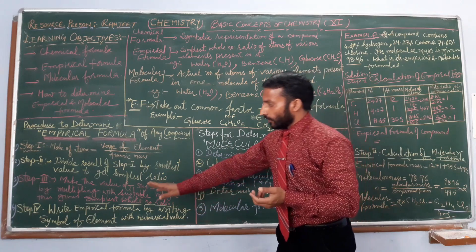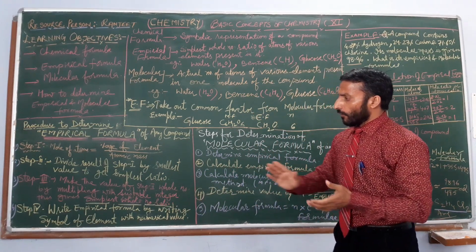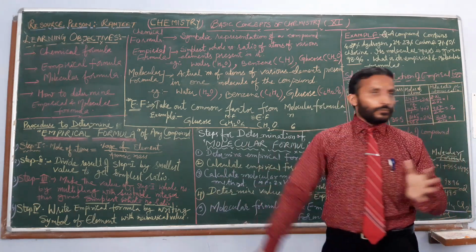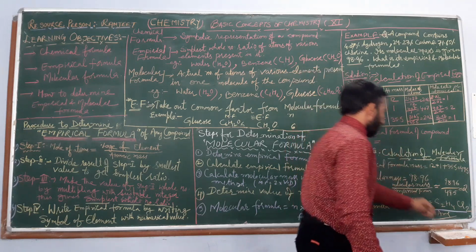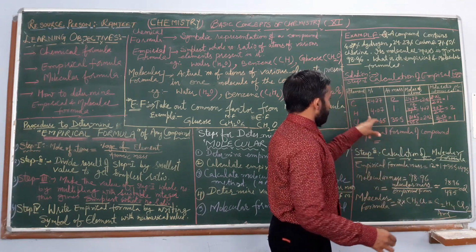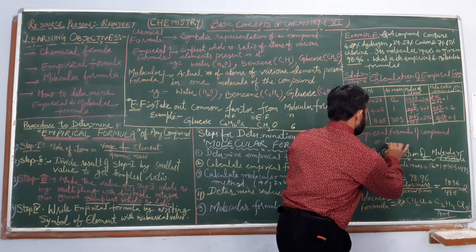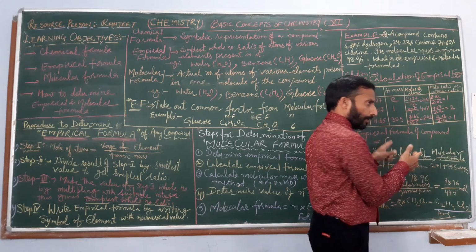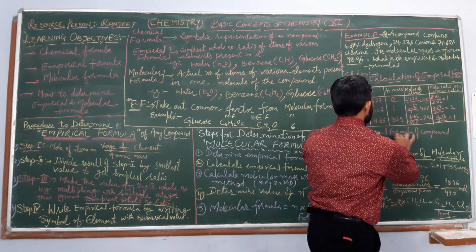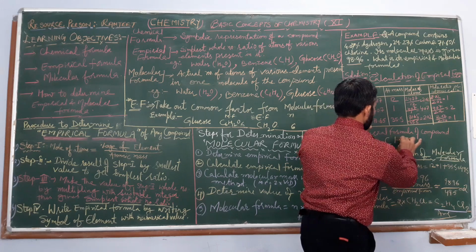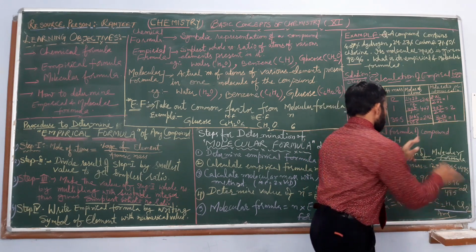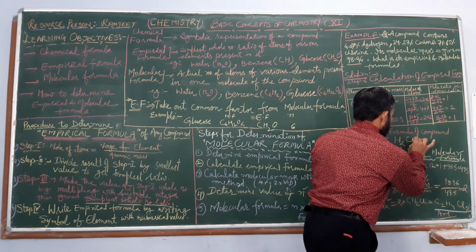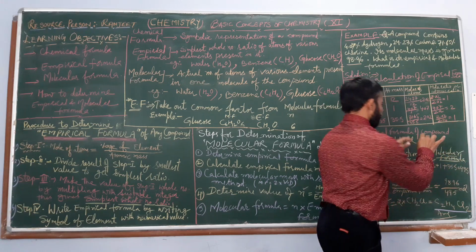Now write the empirical formula by writing the symbols of the elements with their numerical values. First I will write carbon. What is the number we got here? 1. For one, we do not write any number. Then H, what is the value here? 2. Chlorine, Cl symbol, what is the value here? 1.